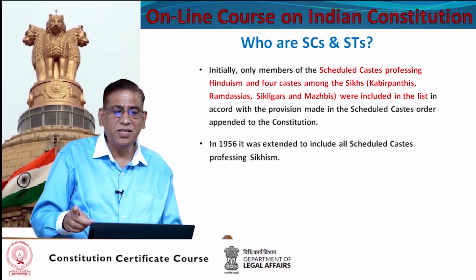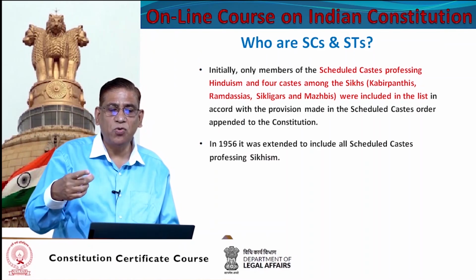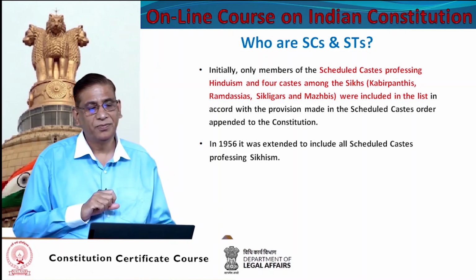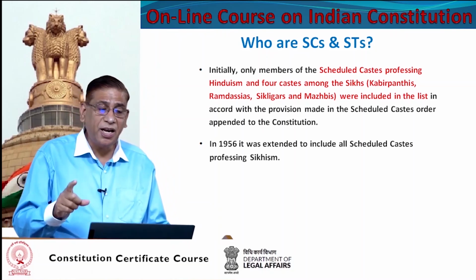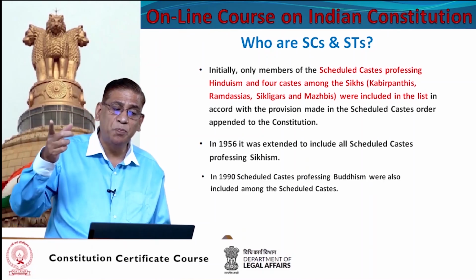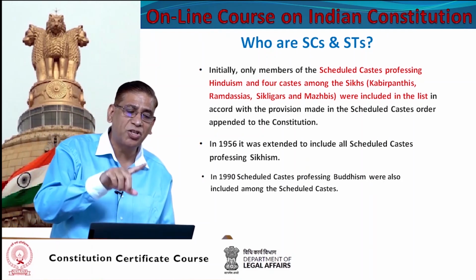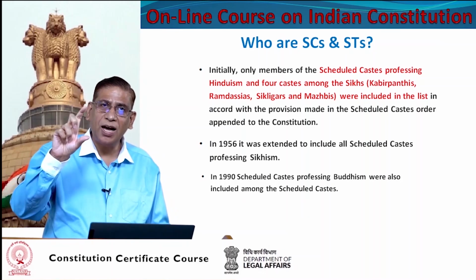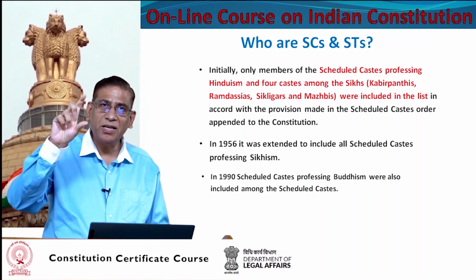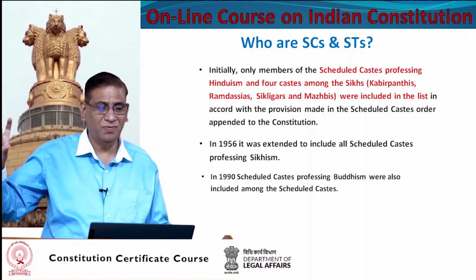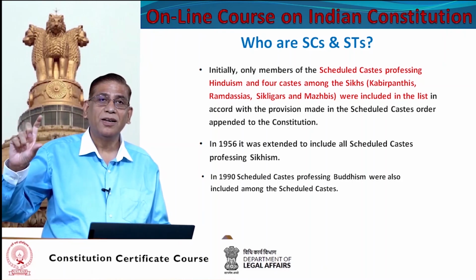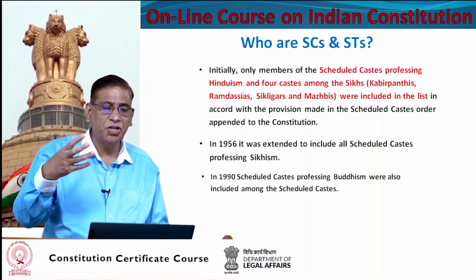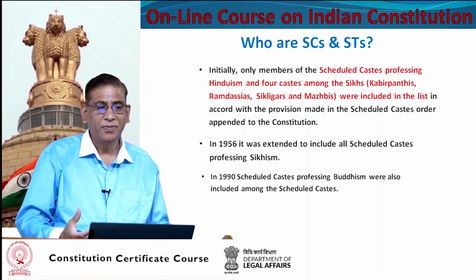In 1956, this benefit was extended to include all scheduled castes professing Sikhism. In 1990, scheduled castes professing Buddhism were also included among the scheduled caste. So, a scheduled caste person must profess Hinduism, but people of other religions can be included in the category of scheduled tribes.